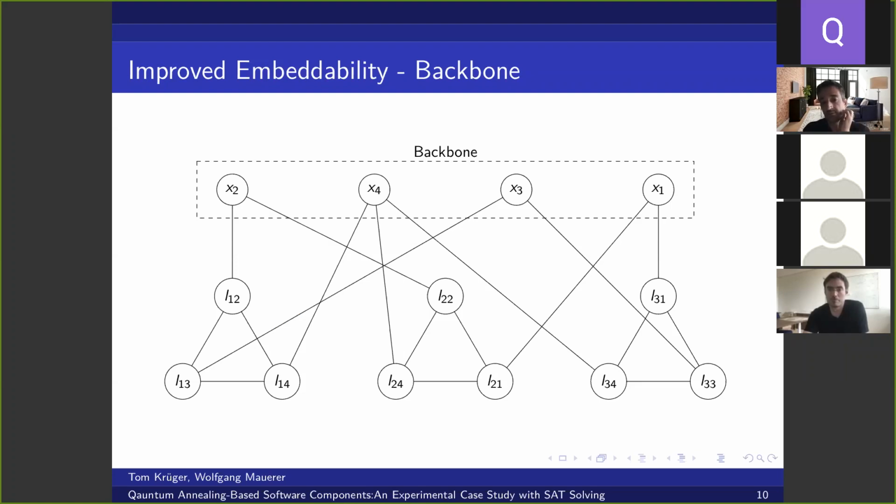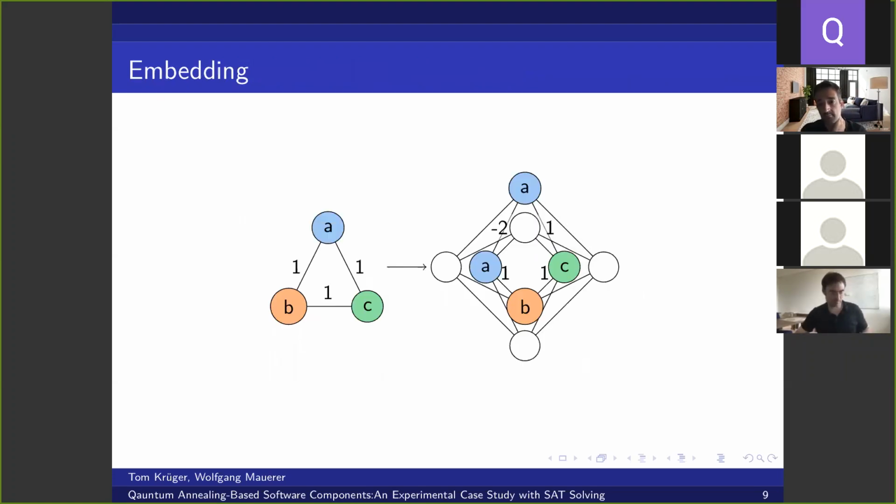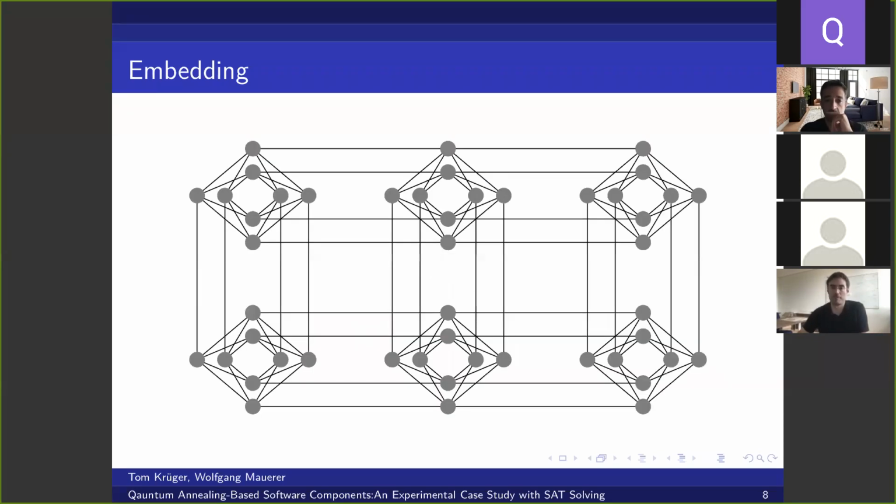Yeah. Well, as I already mentioned, you don't really have to do the embedding for yourself, but you have quite restricted hardware graphs, hardware structures, and the embedding.